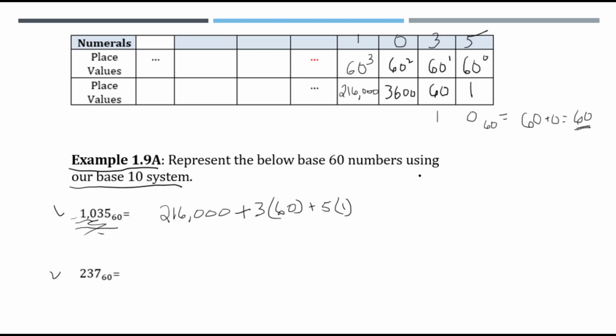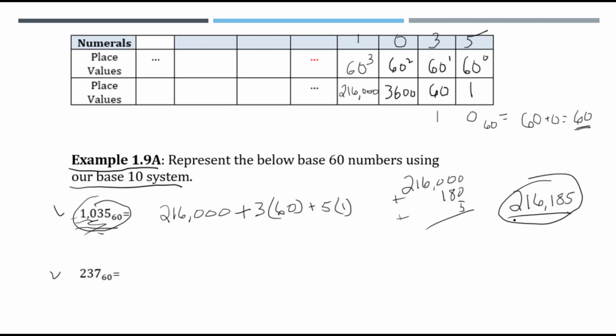And so this would be 216,000 plus 180 plus 5. So that's 216,185. So that number in base 60 is this number as we know it in our base 10.